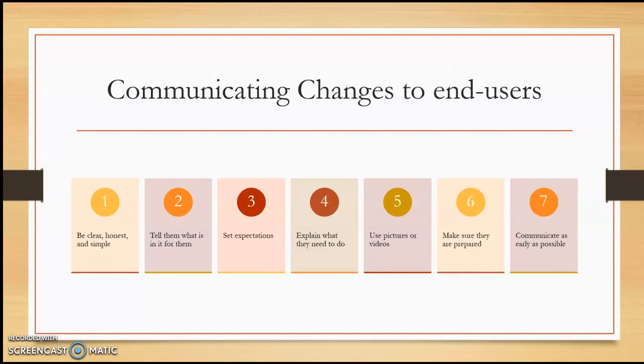Make sure that they know their expectations, because they need to know what they're supposed to do and what expectations are held for them. And communicating these new changes, if it needs to be through a picture or a video other than an email, then do that.